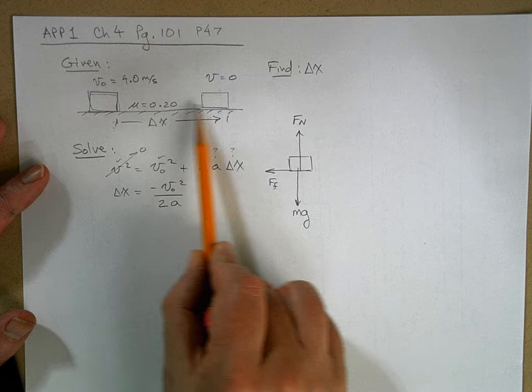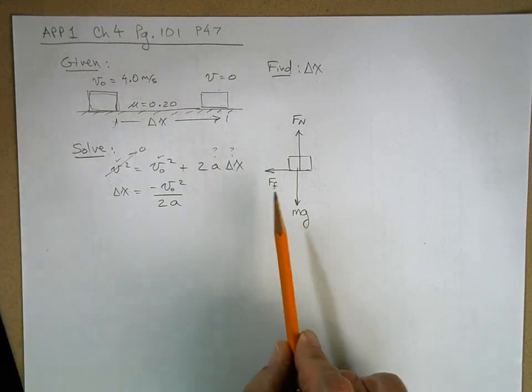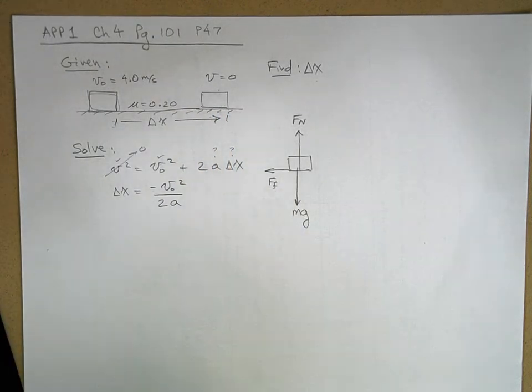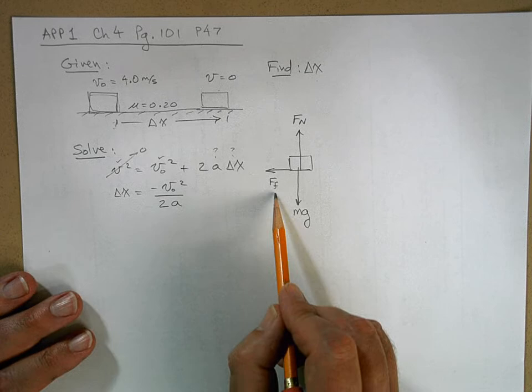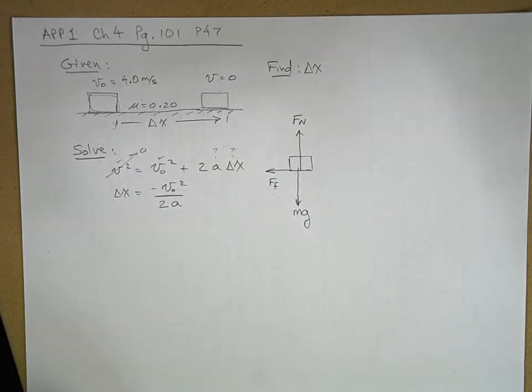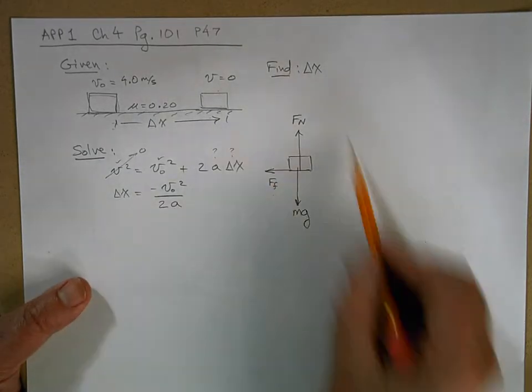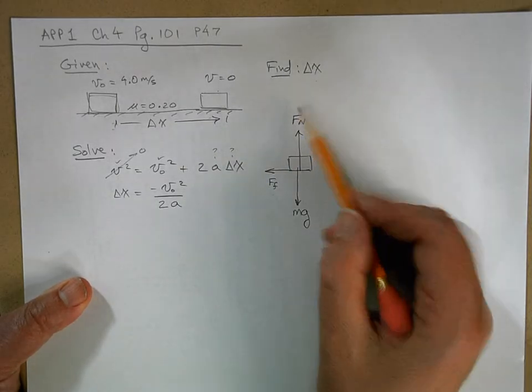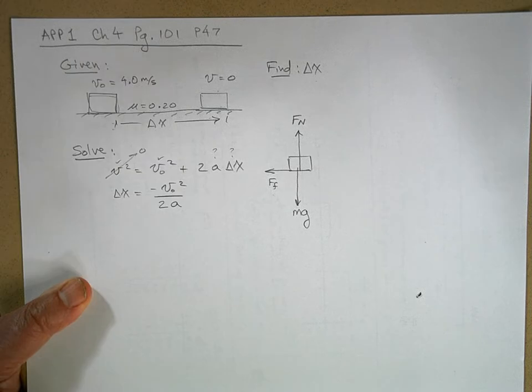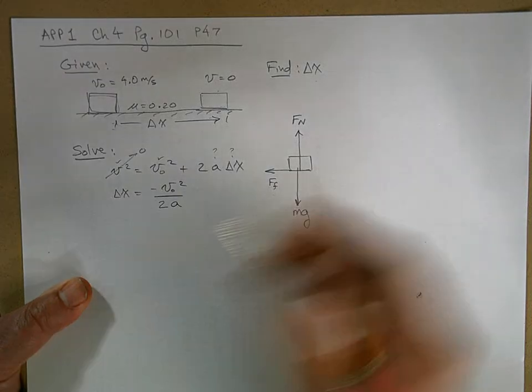So it slid to a stop. So there's no more applied or outside or pulling force or pushing force or anything. The thing that's making it stop is this kinetic friction right here. So don't accidentally add any additional forces. These are the only forces acting on this box as it slides to a stop.